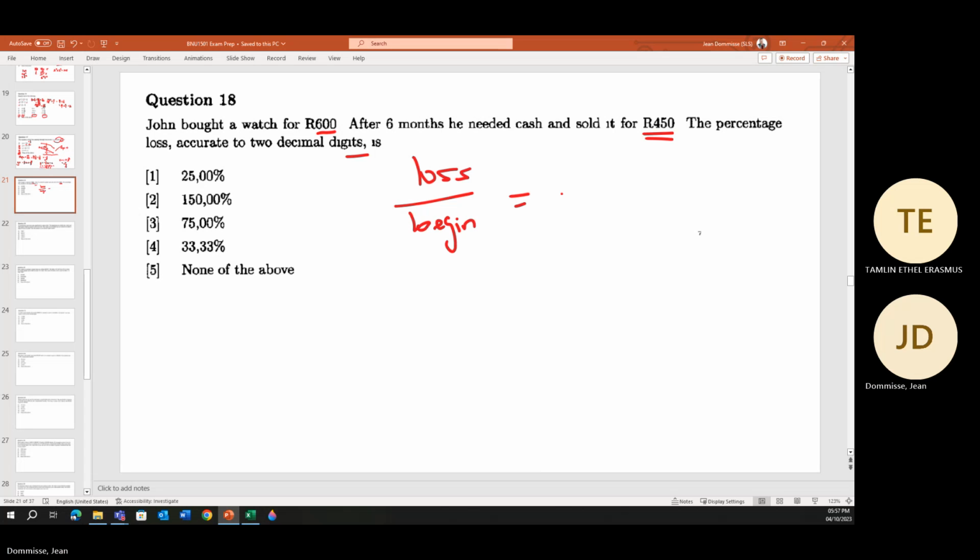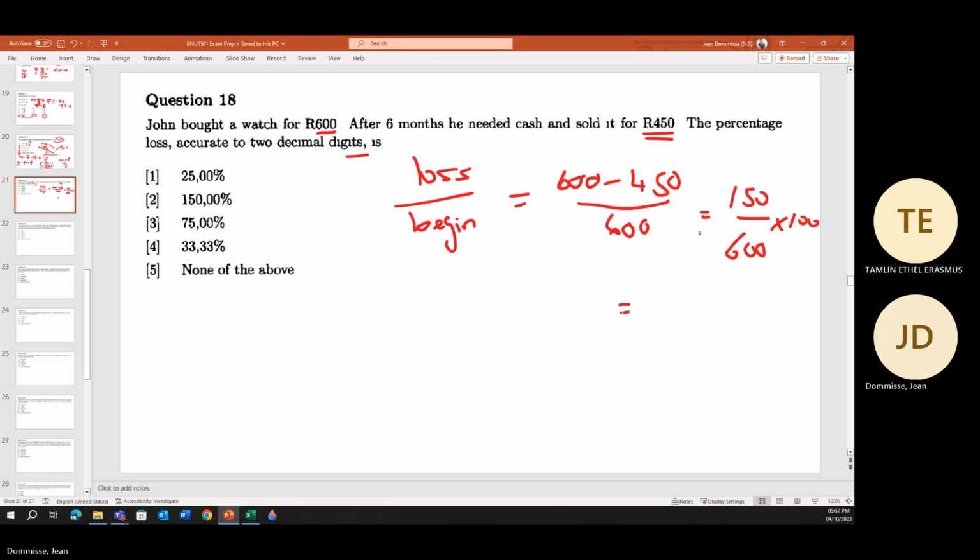So the loss is 600 minus 450, and that divided by your beginning value, which is 600. So your loss is 150 divided by 600 times 100 to get the percentage, because they want percentage loss.